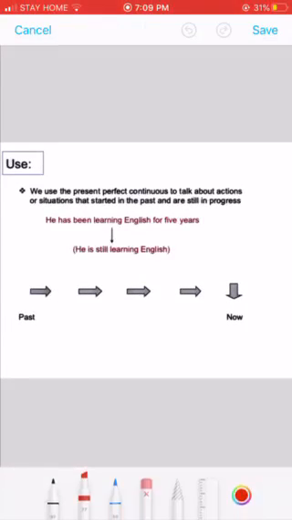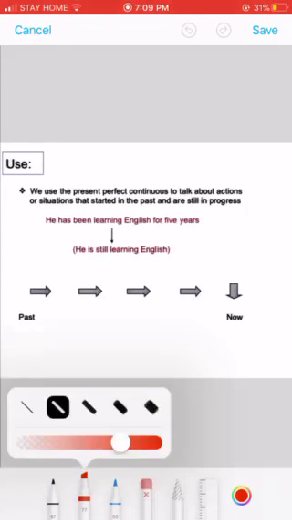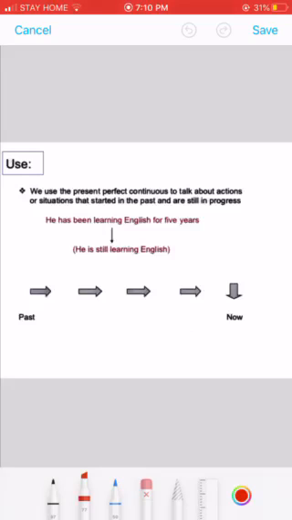So we use the present perfect continuous to talk about actions or situations that started in the past and are still in progress.